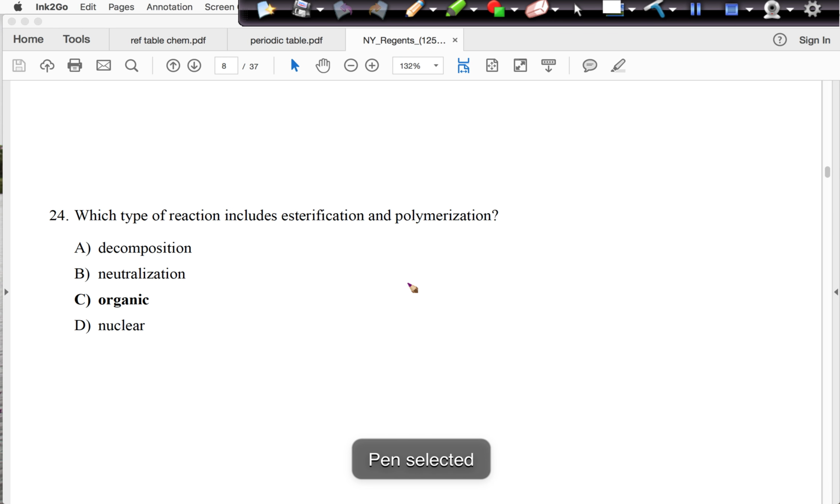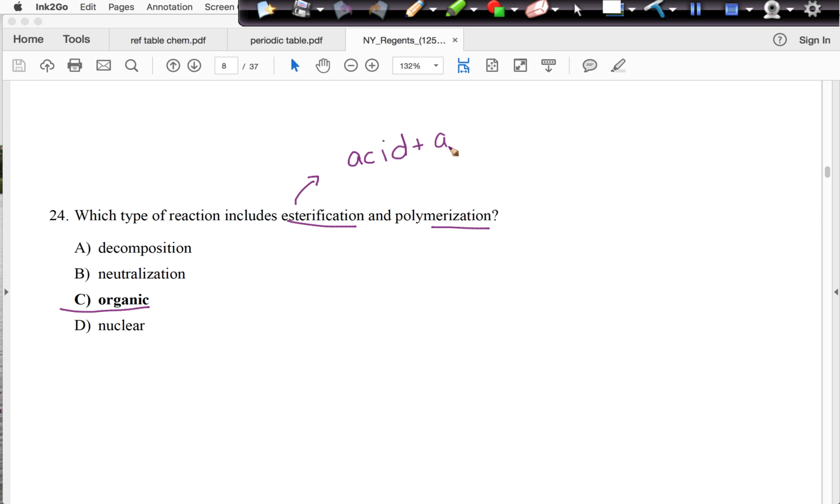The list of organic reactions included esterification and polymerization. Remember, esterification is organic acid plus alcohol yields ester plus water. Remember, we said we have an ester because the ester has a COOC functional group.